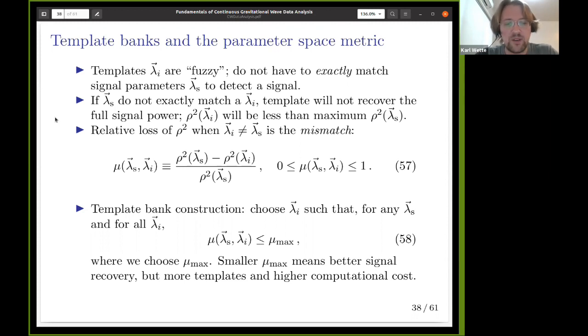That'll become a bit clearer when I have a diagram on the next slide. Basically, we have this parameter lambda max, which we have a choice to choose what that is. And there are different trade-offs. If we have a smaller lambda max, we have better signal recovery, but we'll also have more templates and higher computational costs.